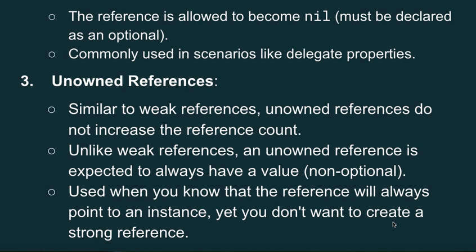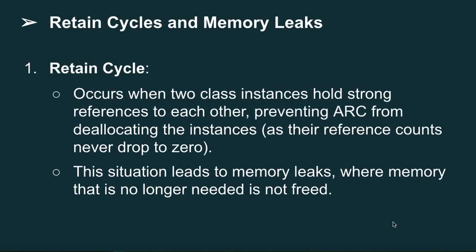Similar to weak references, unowned references do not increase the reference count. Unlike weak references, an unowned reference is expected to always have a value, non-optional. It is used when you know that the reference will always point to an instance, yet you don't want to create a strong reference.